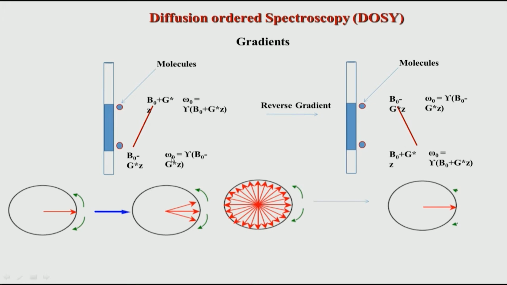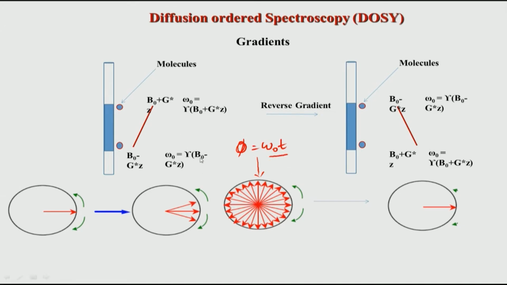So, let me show that here. Phase is equal to omega into t. So, after some time t, these phases have accumulated for each spin, and that phase depends on the magnetic field, because it depends on omega 0.